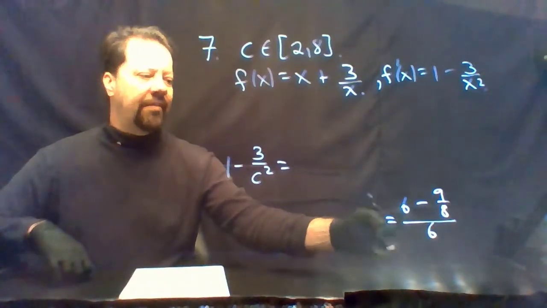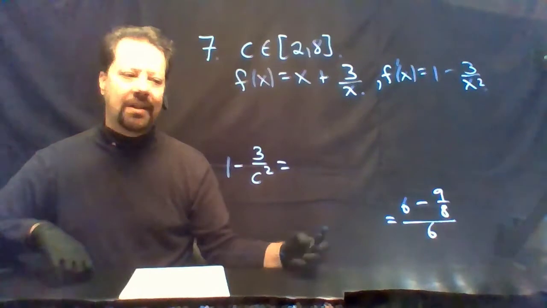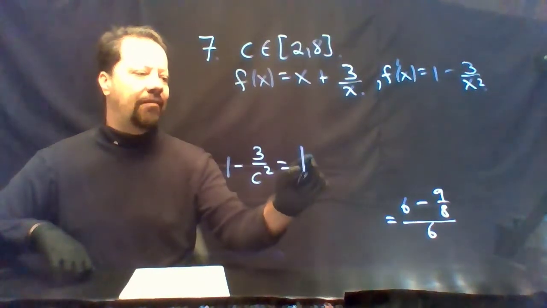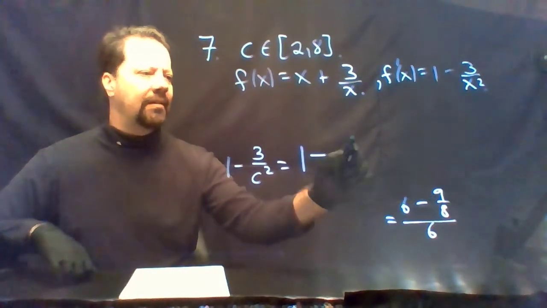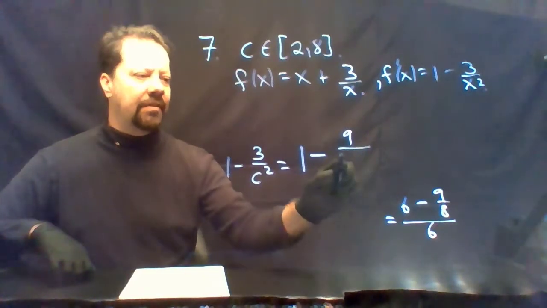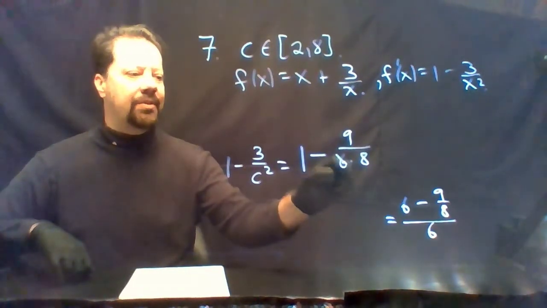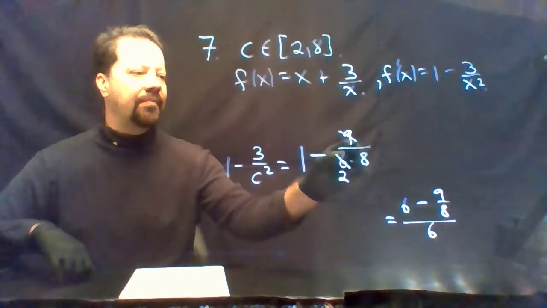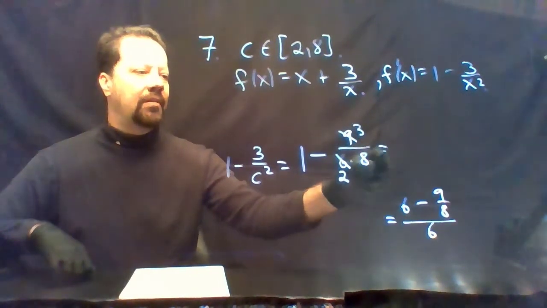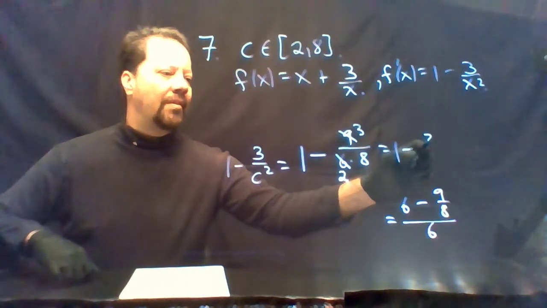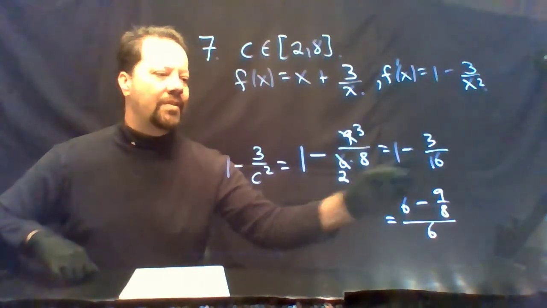We can simplify this by dividing 6 into each of the terms in the numerator. We'll have 1 minus 9 over 6 times 8. I'm being a little cagey there because I want to reduce this fraction first. We'll have 1 minus 3 over 16.